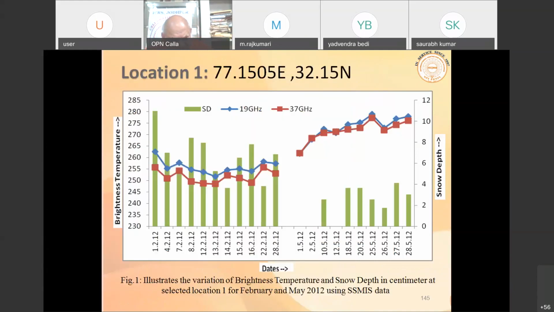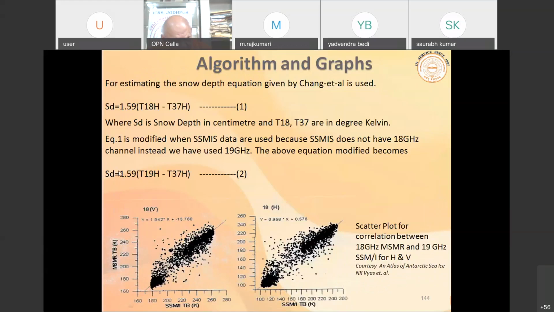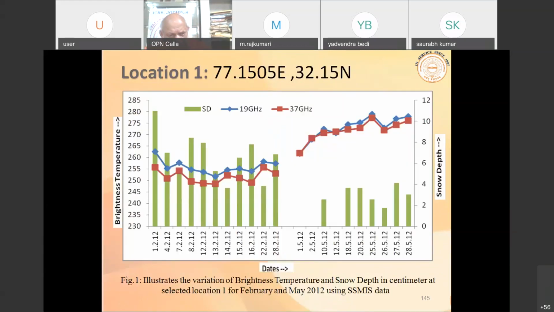I'm sorry, I have to show that again. The depth we have got by this formula in two cases, 18 and 37 gigahertz, because of the dependence on the sensor and the frequency that we have. And then this is the plot of the depth with dates from February to this one, 28 full month, how the variation is there.